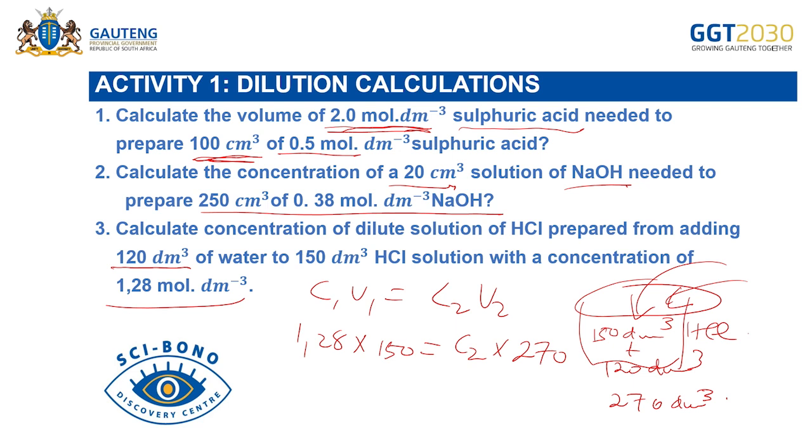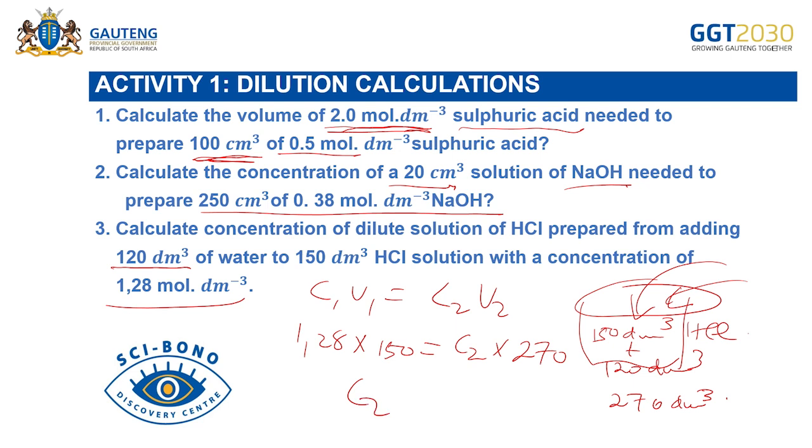The initial was 150 cubic decimeters of solution of hydrochloric acid. Then it was diluted by adding 120 cubic decimeters of water. So the final solution, which is the dilute solution of hydrochloric acid, will have a volume of 120 plus 150, which is 270 cubic decimeters.